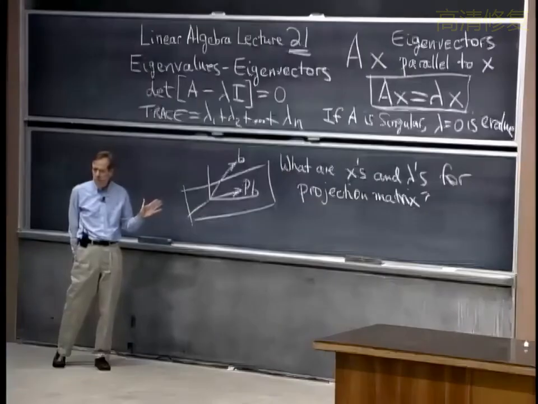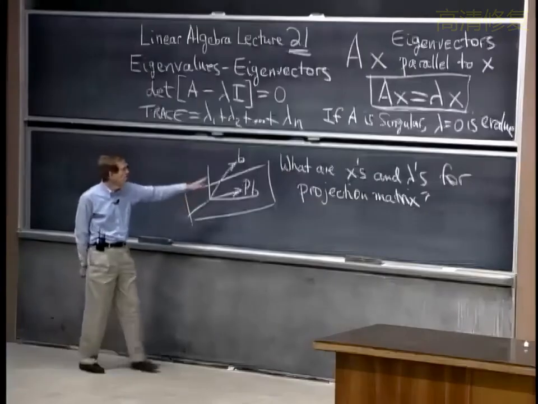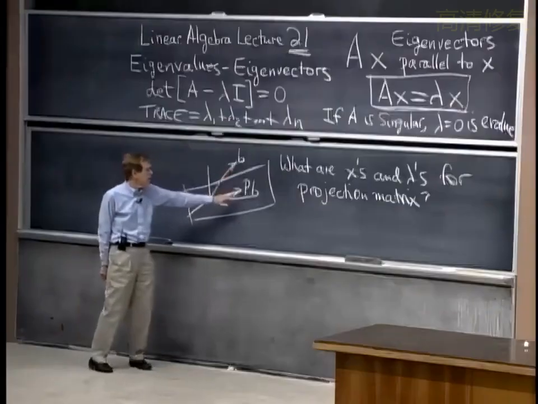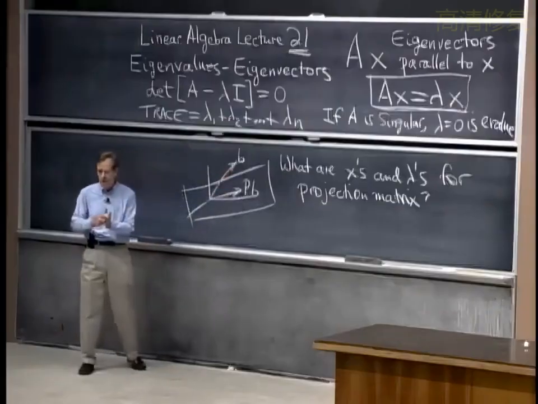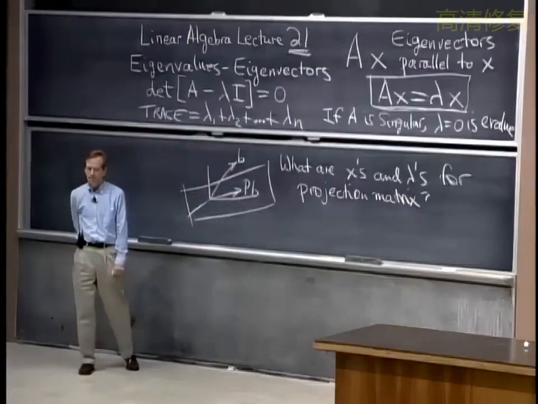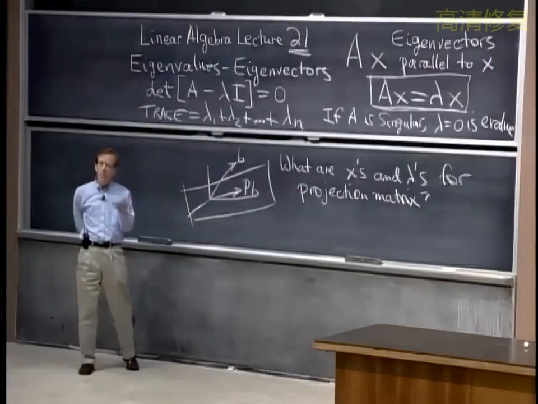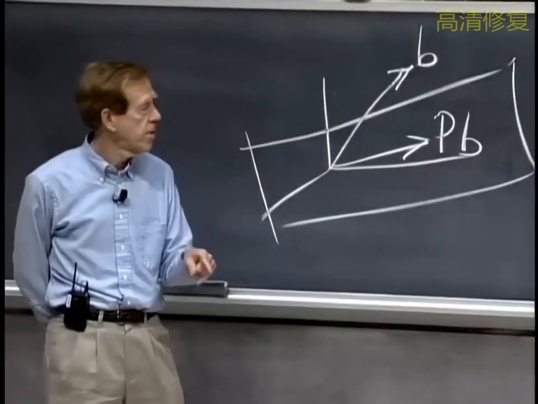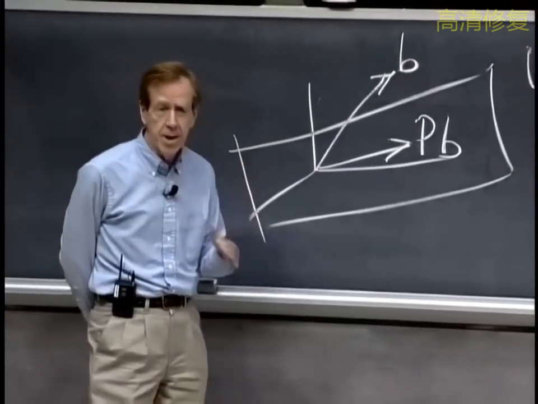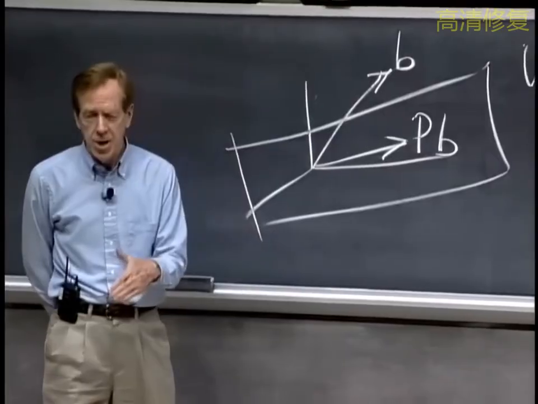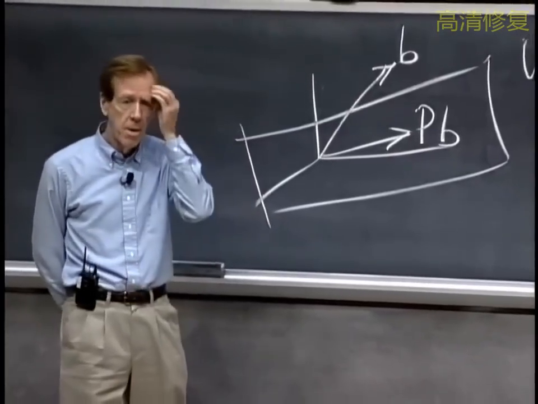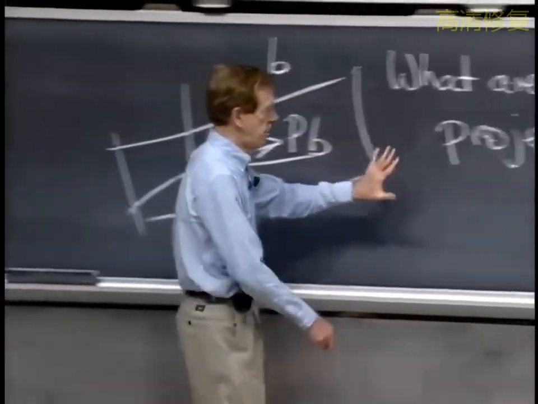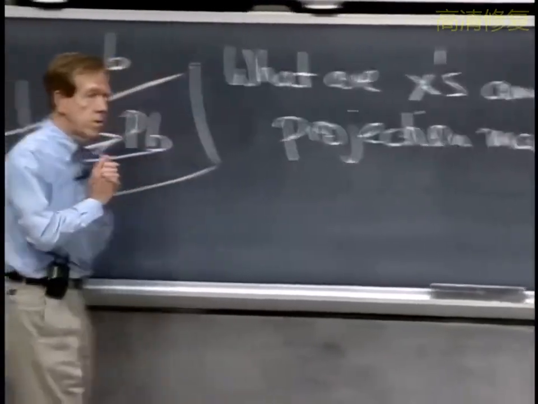No. So b is not an eigenvector because Pb, its projection, is in a different direction. So now tell me, what vectors are eigenvectors of P? What vectors do get projected in the same direction that they start? So answer. Tell me some x's.